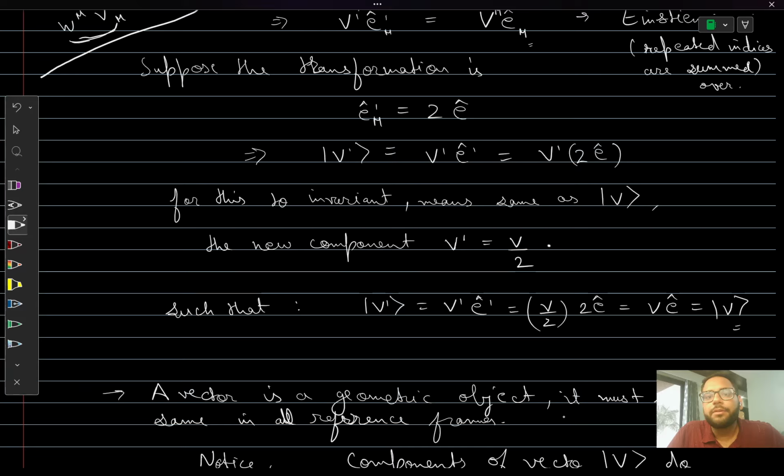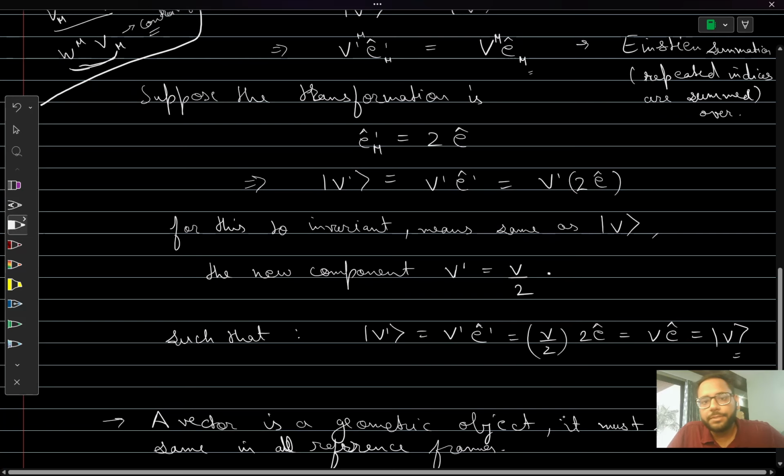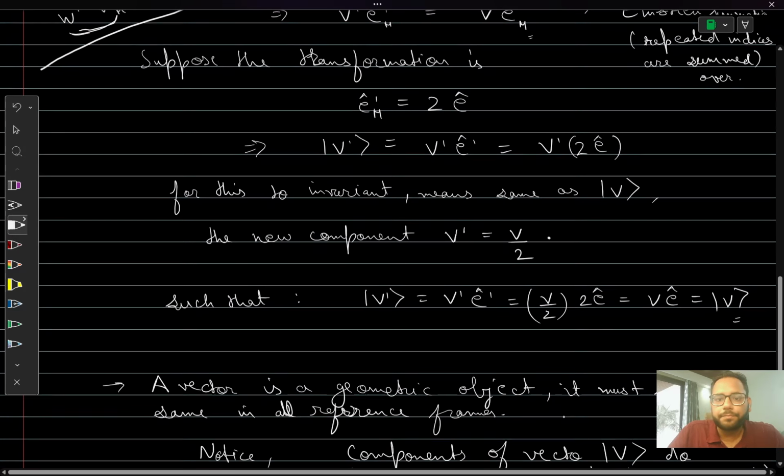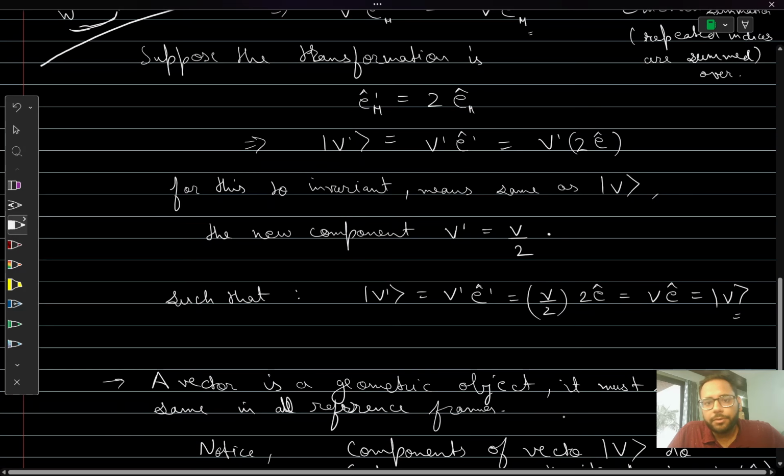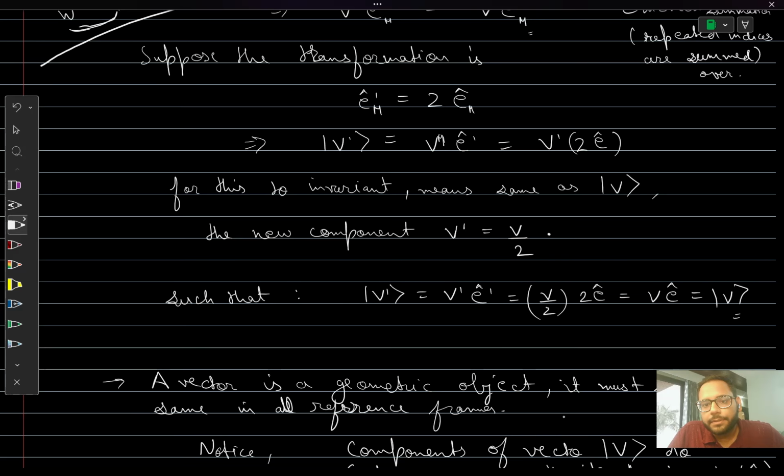These dummy indices are also summed over. This means this equals summing over the mu indices also. So for a particular direction, this can be written as this. This is mu, and this is mu. So this is also mu, and this is also mu.